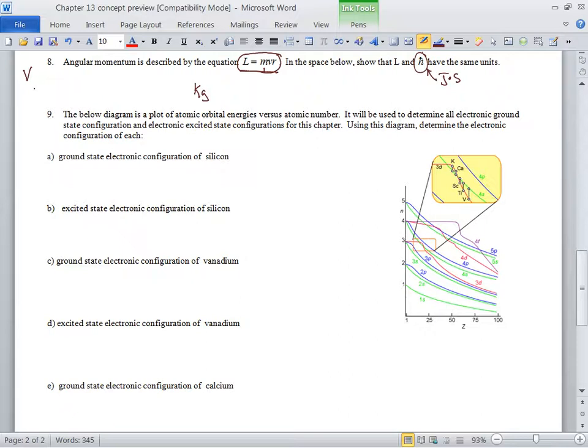It's actually a vector, but this is just magnitudes. We left the arrows off. So v is velocity, so that would be meters per second. And r would be meters. So that equals question mark joules times seconds. So you can finish that and show that the two are the same.